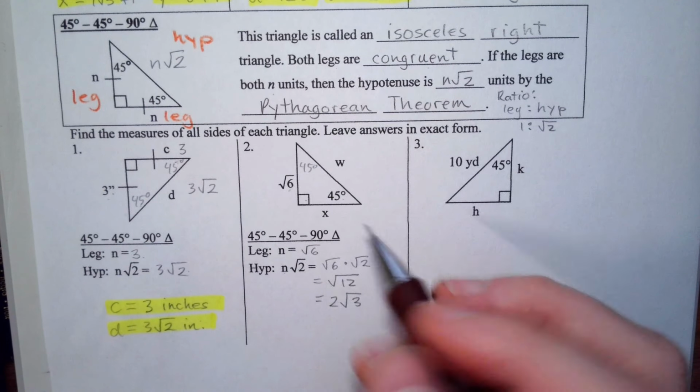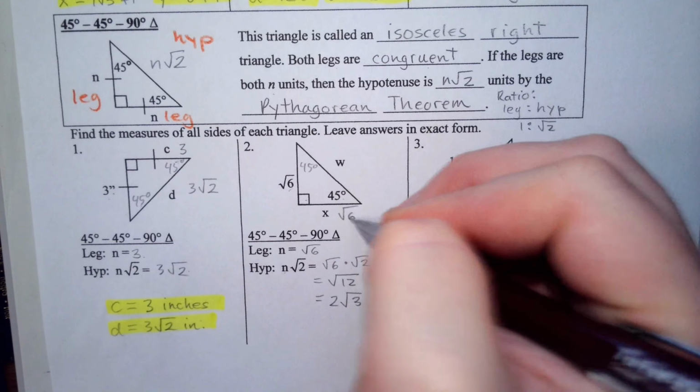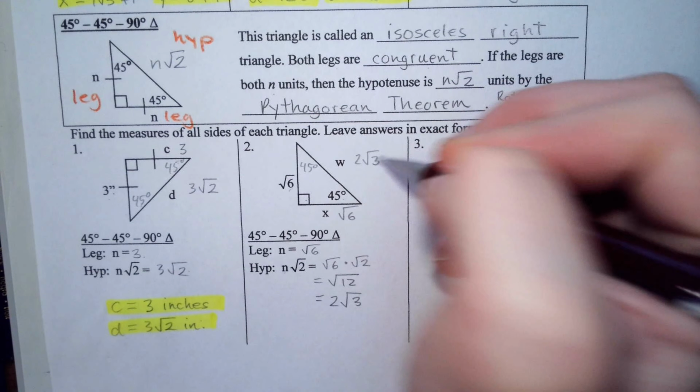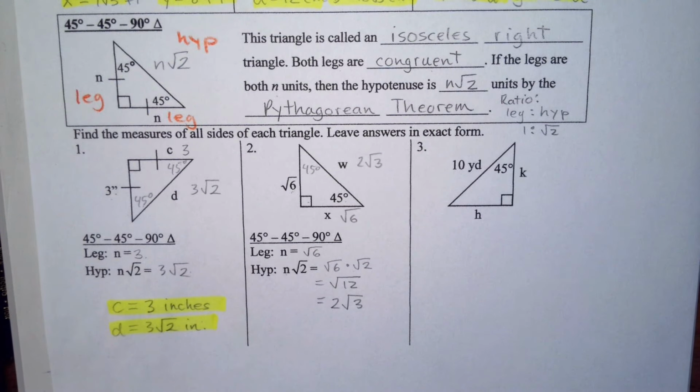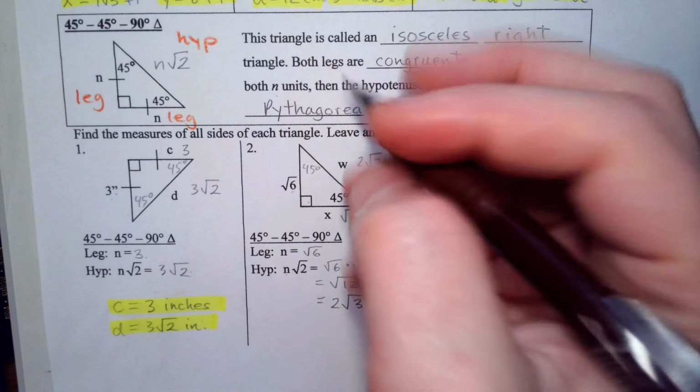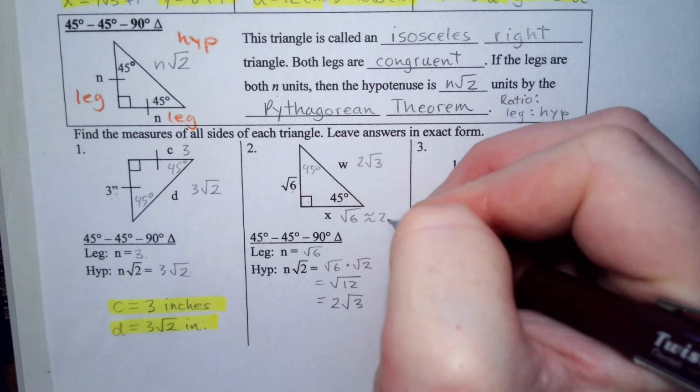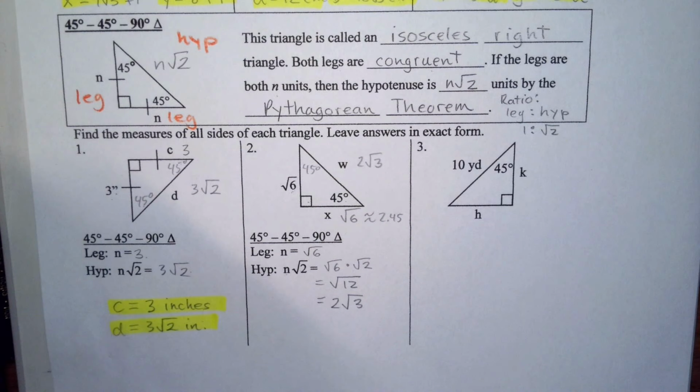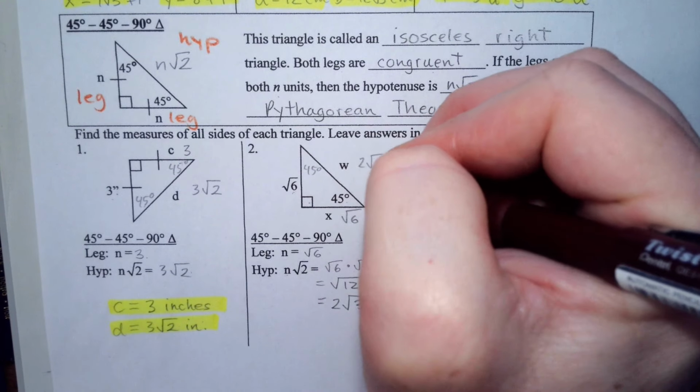Let's answer the question. So let's see, this is root 6, and that is 2 root 3. And if that seems odd to you, you're more than welcome to approximate your answer just to make sure that it makes sense. Okay, so let's see, the square root of 6 is about 2.45, and 2 square root 3 is about 3.46.